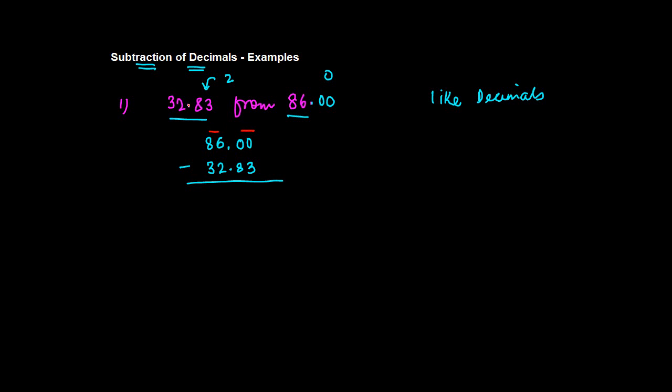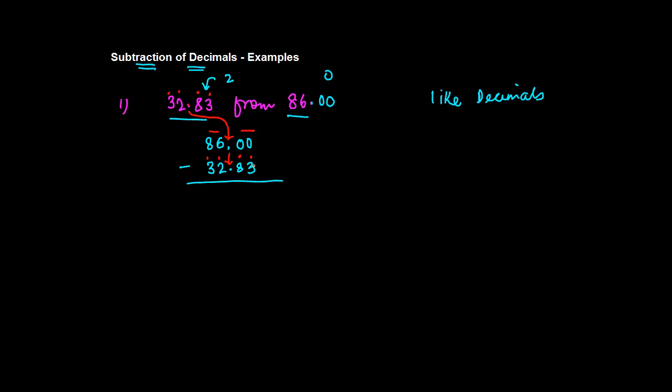Then I pick up the second number and put the decimal point just beneath the decimal point of the first number. Then I put the tenths place below the tenths place, the hundredths place below the hundredths place of the first number. The units place comes below the units place, and the tens place below the tens place over here. And then I just do the simple subtraction.